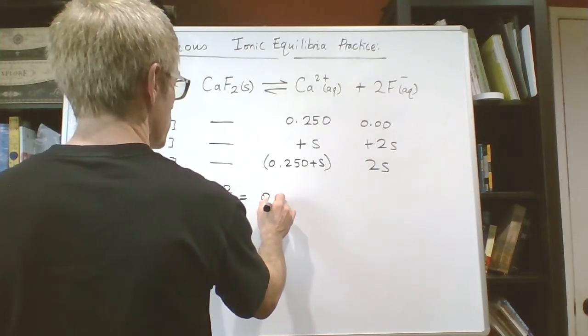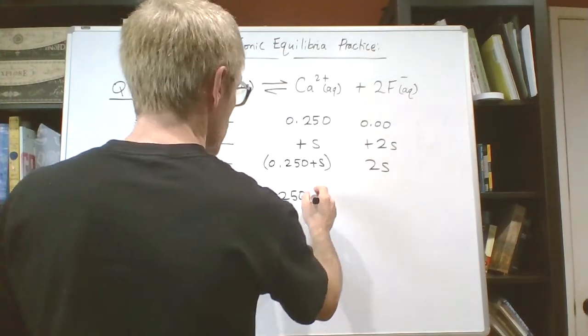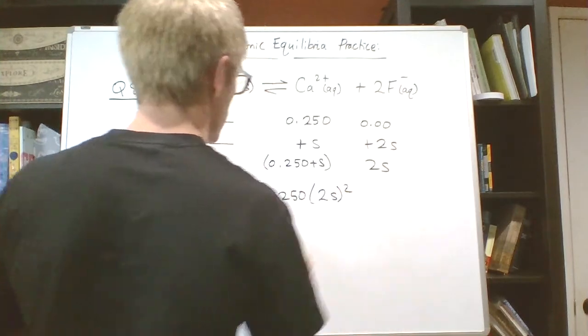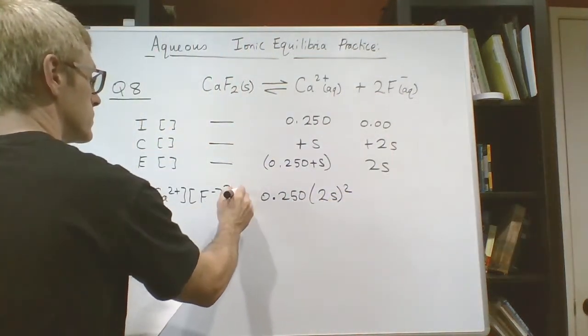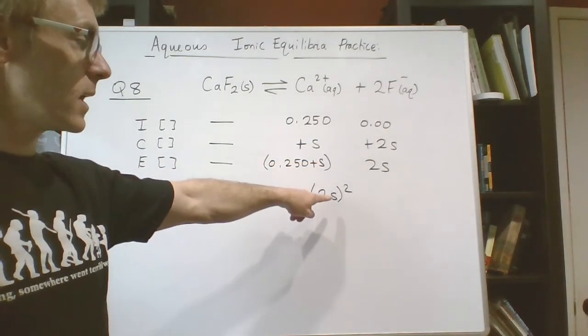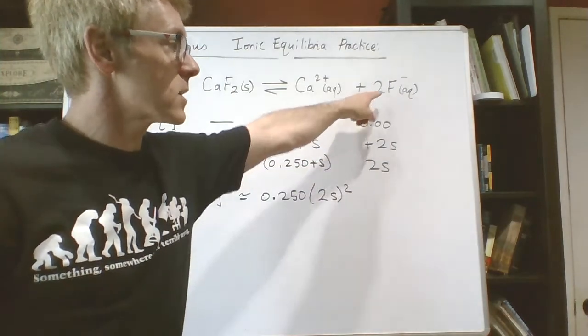Okay, so this is going to be 0.250 by 2S squared, roughly. Again, I'm ignoring this S, and I'm taking 2S and I'm squaring it because of the coefficient 2 here.